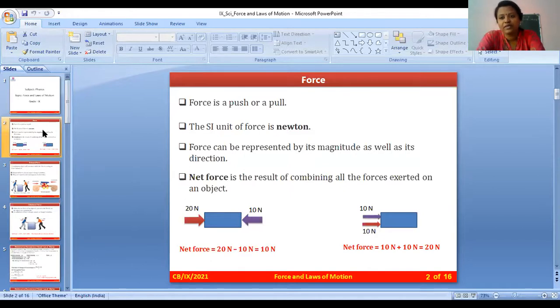In a similar way, when the force is applied in the same direction, it will always be added. That is 10 Newton plus 10 Newton is 20 Newton.